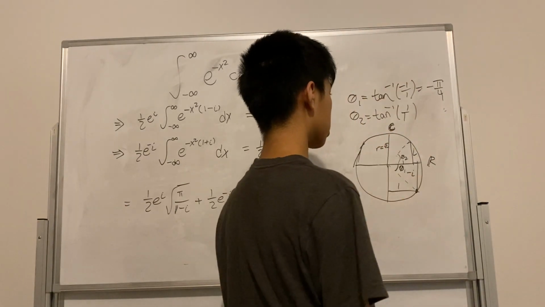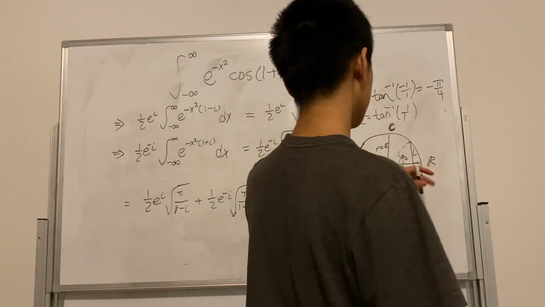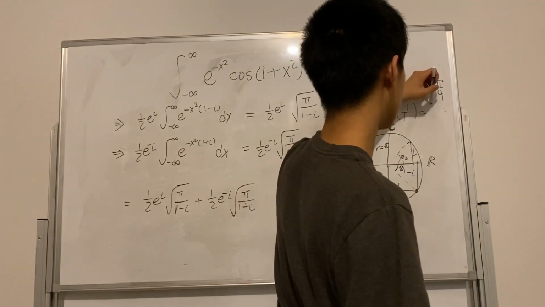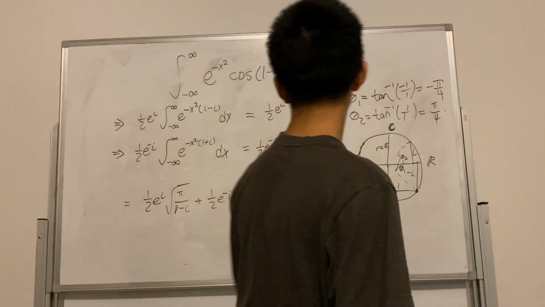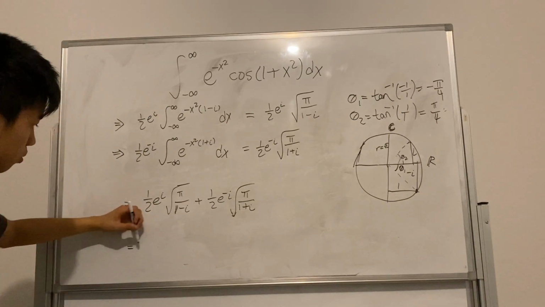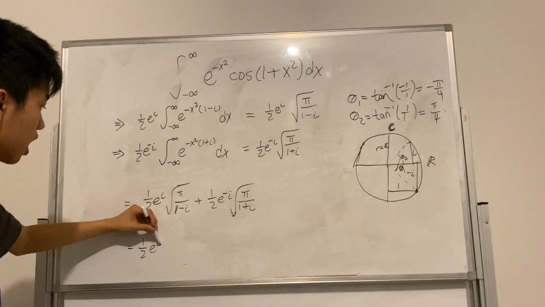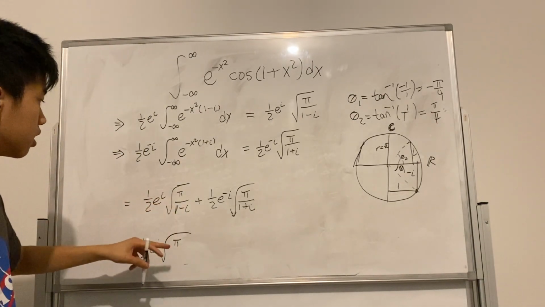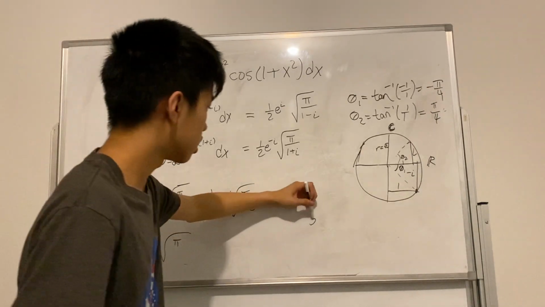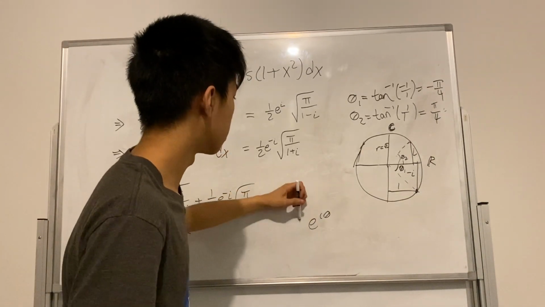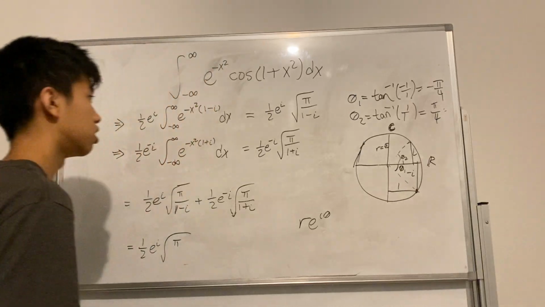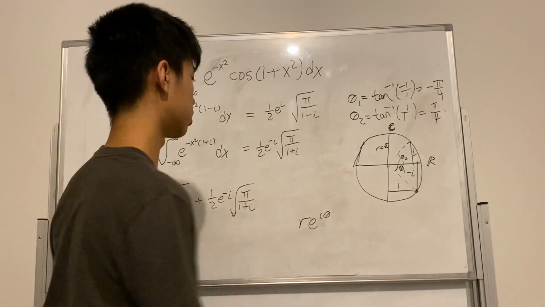I drew a sloppy circle. It could look better, but whatever. So that's pi over 4. So we now have 1/2 e to the I square root of pi. Now, it's not only expressed as e to the I theta, but r e to the I theta. So we know our r is square root of 2.